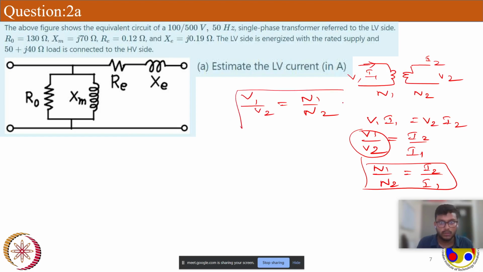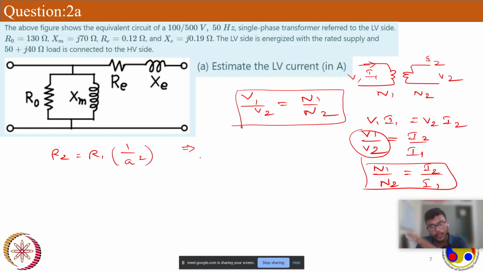Sure, no problem. Now the relation we got is R2 is equals to R1 into 1 by A square. Now we were trying to get the primary side, whatever the load impedance, we are trying to refer it to primary.